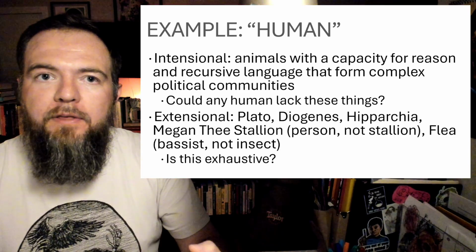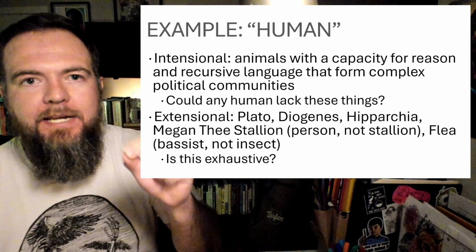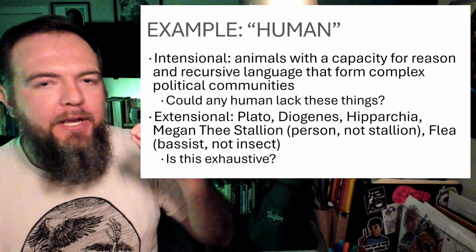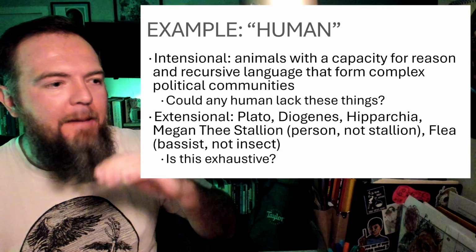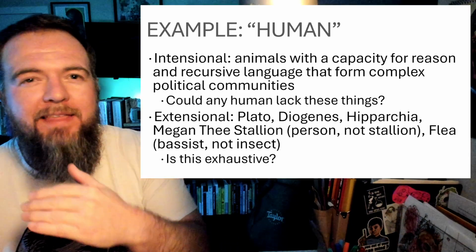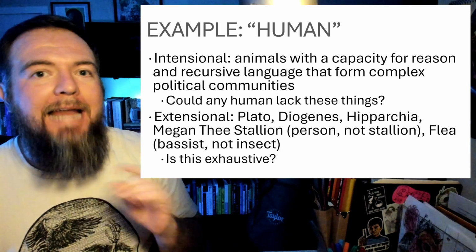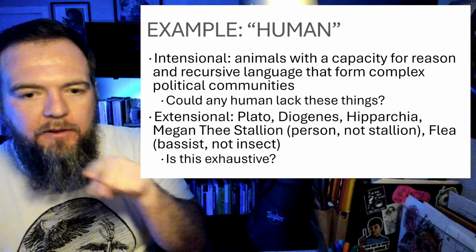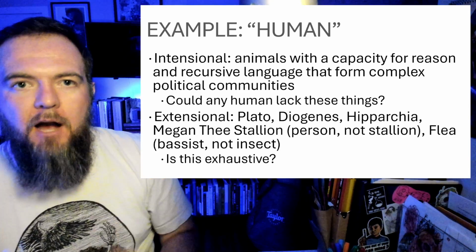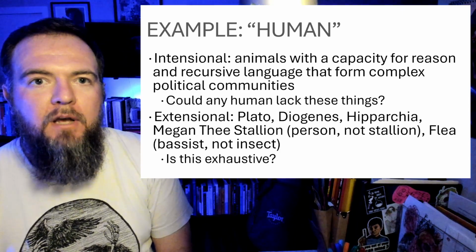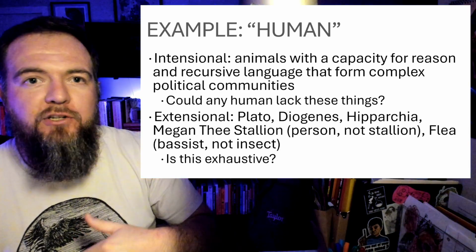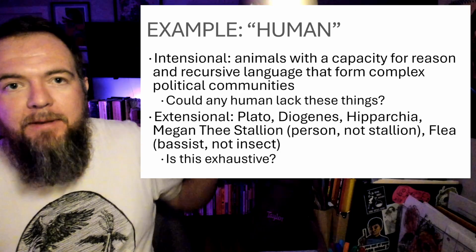That's what it means to be a critical thinker, to realize that whenever someone is using an intentional definition, we're looking at the sense or the connotation, we're looking at the properties, and we're trying to figure out whether that property, that set of properties, really does define what it means to be that term. Or if someone is offering an extensional definition via ostension and they're pointing at the particular things, or they're enumerating a class of things and all of the objects in it, we need to make sure that what is inside the class should be inside the class, and what hasn't been mentioned should not be mentioned, right?